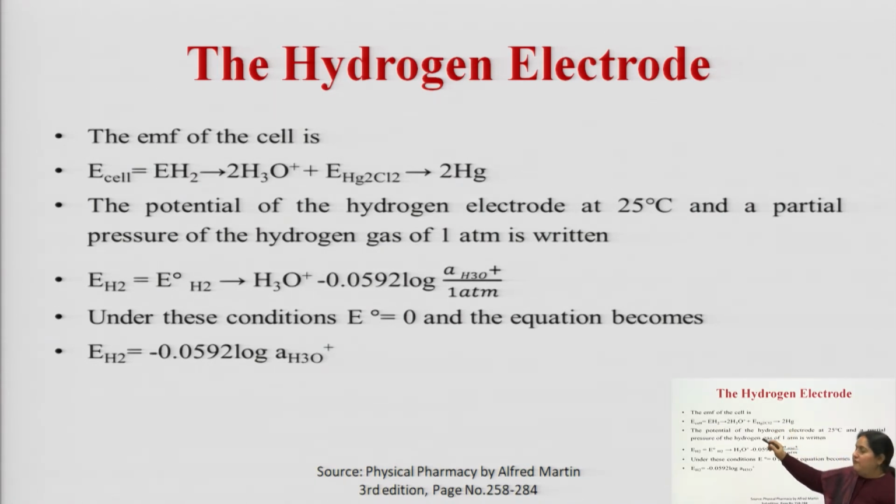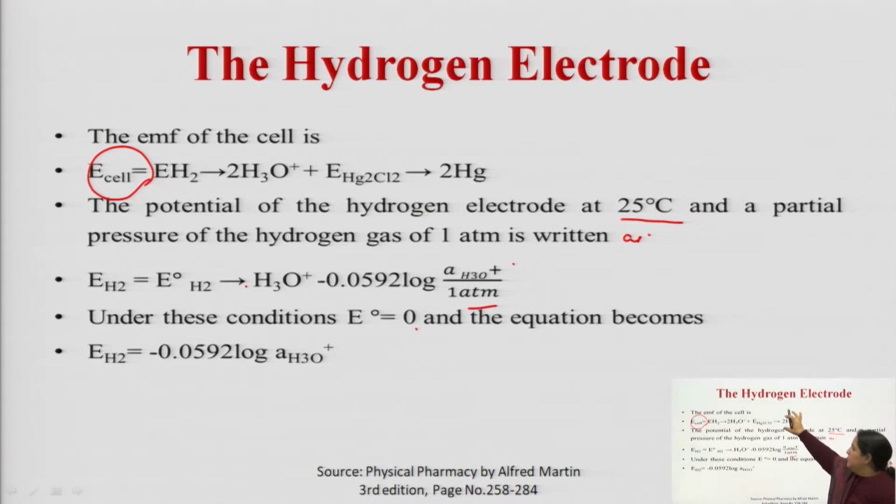The potential of the hydrogen electrode at 25 degree centigrade and a partial pressure of hydrogen gas of 1 atmosphere is written as E H2 is equal to E naught H2 gives H3O plus minus 0.0592 log, the concentration of hydronium ion upon 1 atmosphere. Under these conditions E naught is 0.